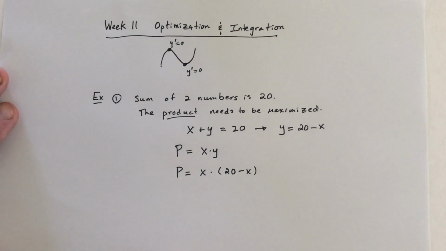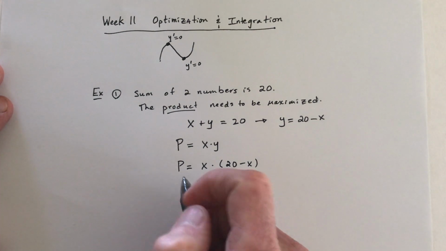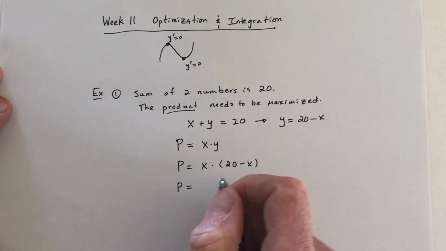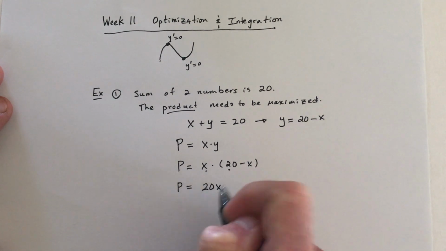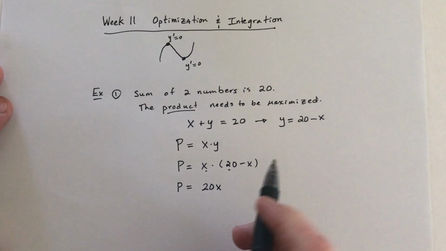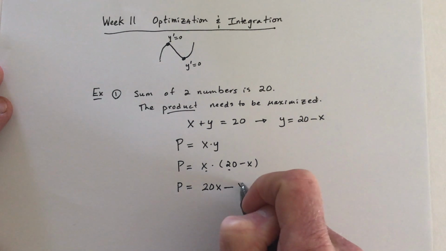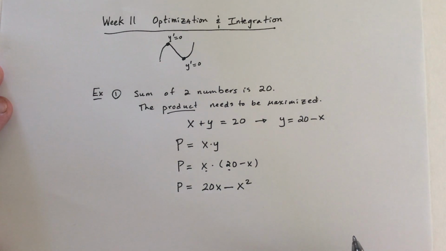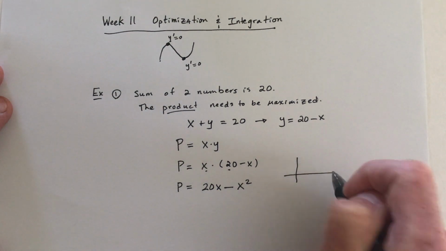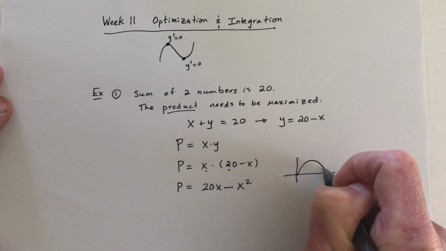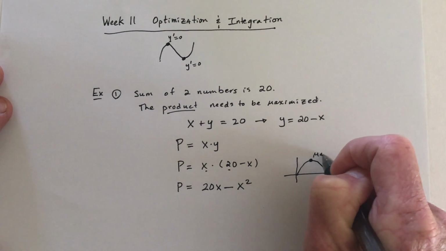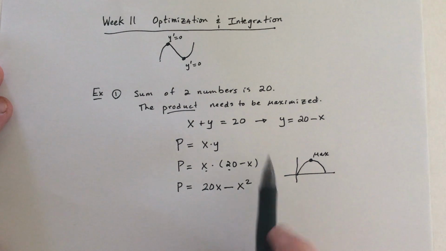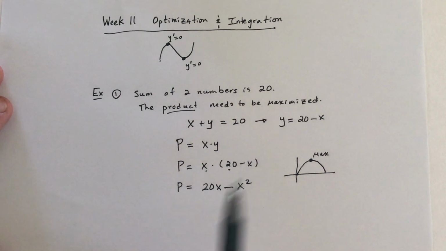And I could even multiply this out by distributing the x. So there's going to be 20 times x, and then an x times a negative x will be negative x squared. And then the good news is that this makes an upside down parabola. So it looks like this, and right here at the top, that's the maximum. And since it was asking for a maximum, that's all good news.